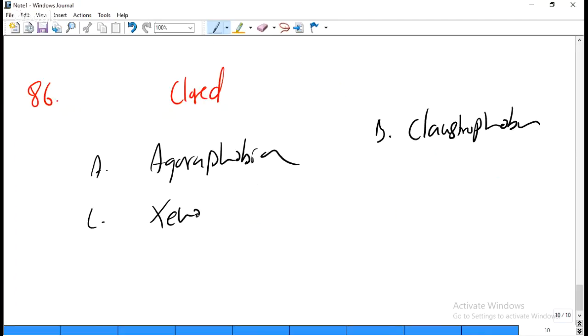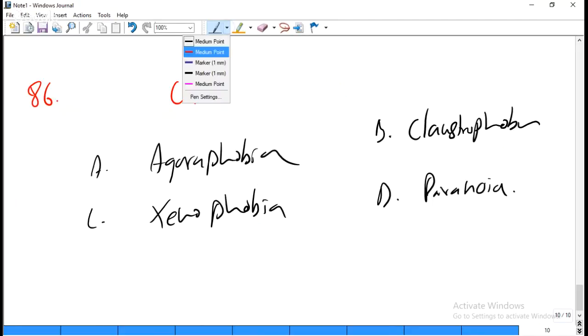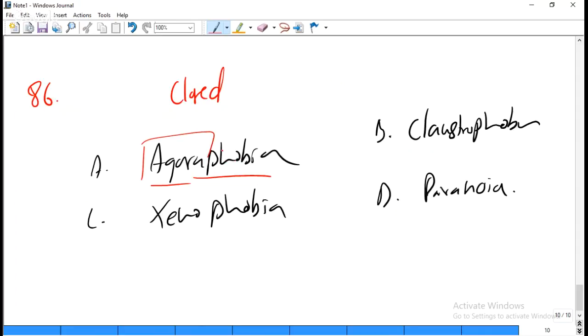C is xenophobia. D is paranoia. So agoraphobia. The hint for this word is agora. Agoras live in open places, not in houses. So this is the hint for agoraphobia: fear of open places.